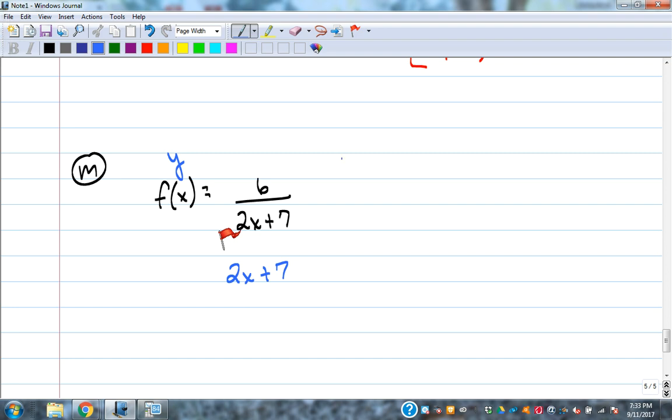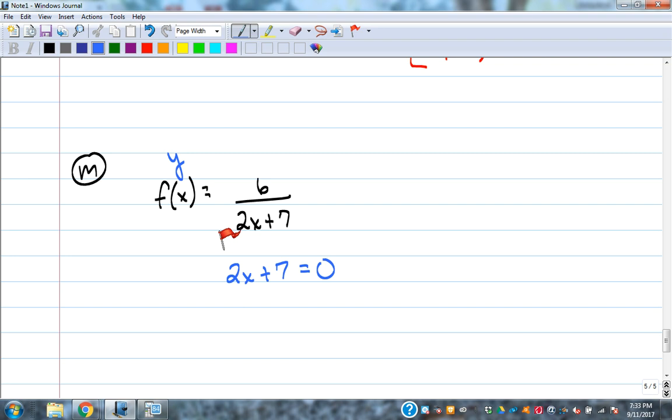That's with the square root. Oh, that's just equal to 0. Just equal to 0 because it's in the denominator. Anytime it's a variable expression in the denominator, we're going to set it equal to 0. The greater than or equal to 0 comes from square roots. That's the only time we use it.